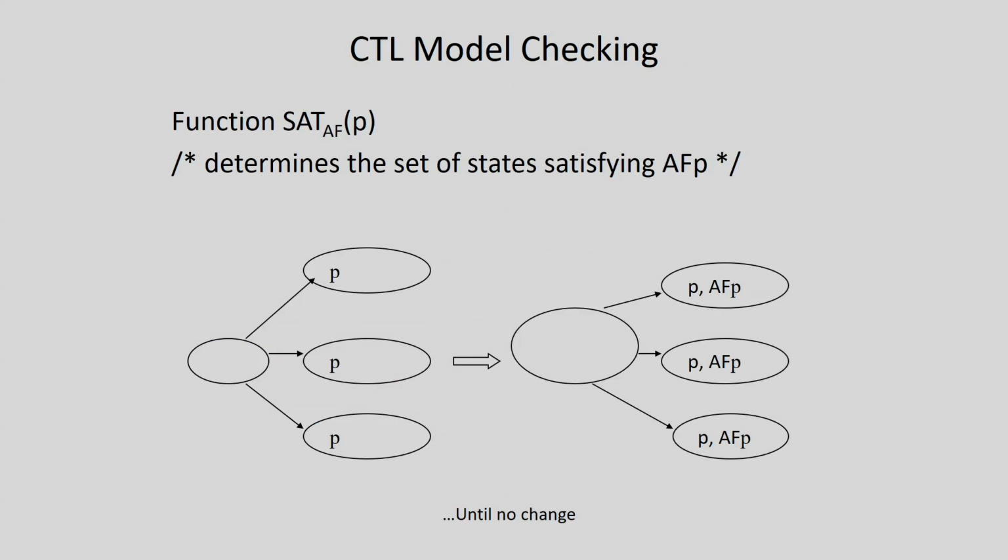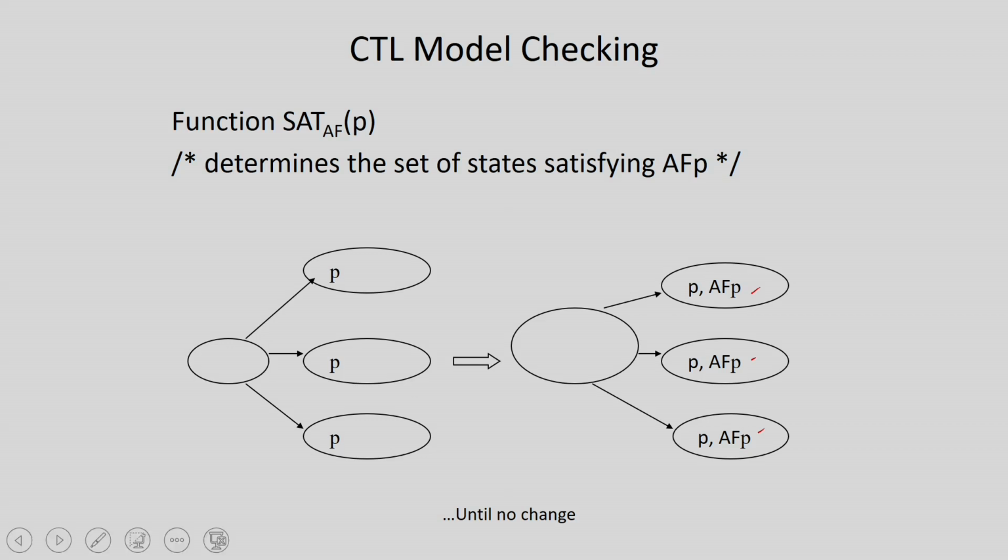Now I will give you an example. In this scenario, first these are the states where P is true. In the next set, AFP is true in these 3 states as per my first behavior.